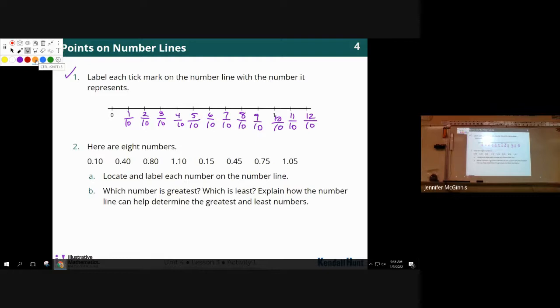Here are 8 numbers. Locate and label each number on the number line. Okay. So, where does this number go on the number line, Sophia? It goes with the 1/10. But this decimal reads as 10 hundredths.